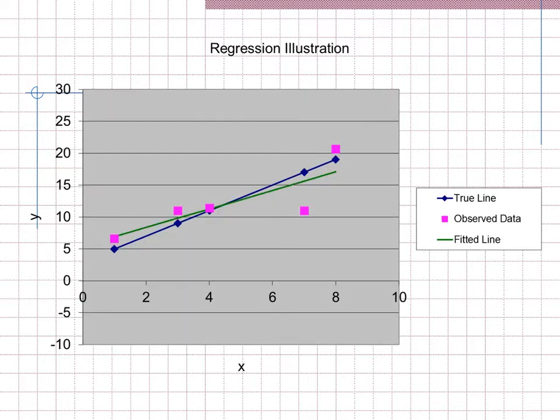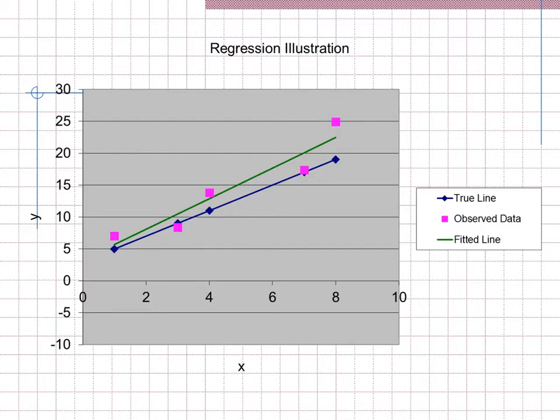Yet another case. This time it has a lower slope and a higher intercept. And finally, one last case. In this case, it has a higher slope and maybe roughly the same intercept as compared to the blue line.